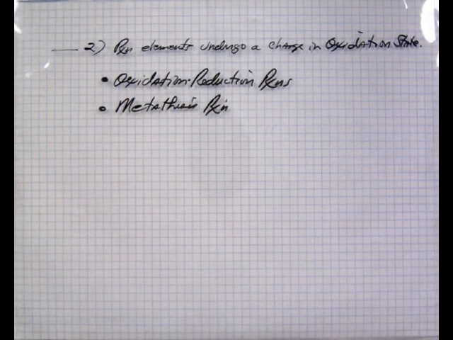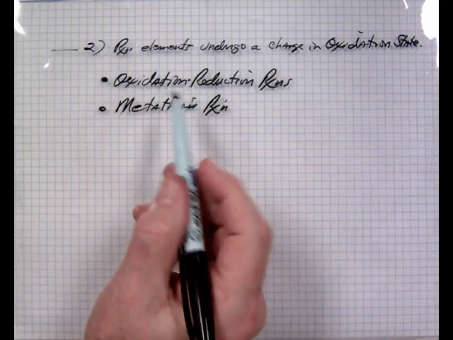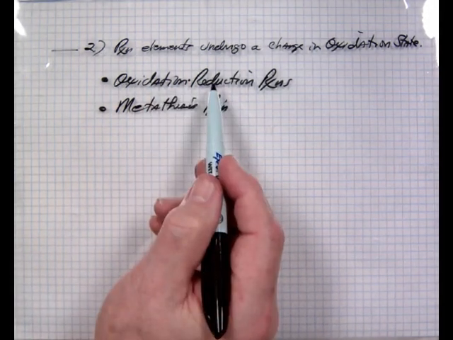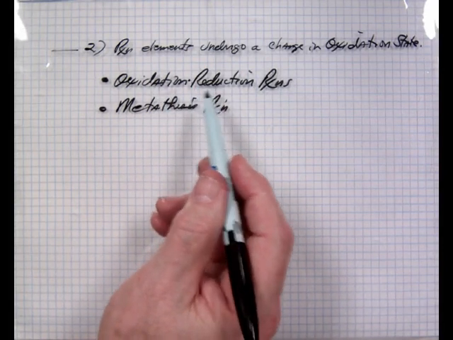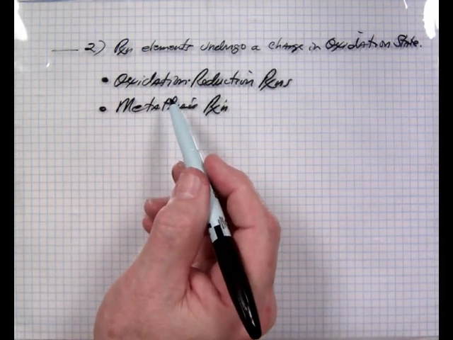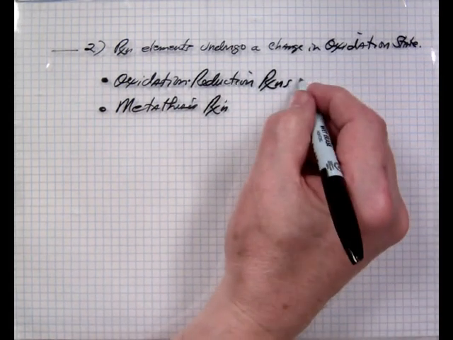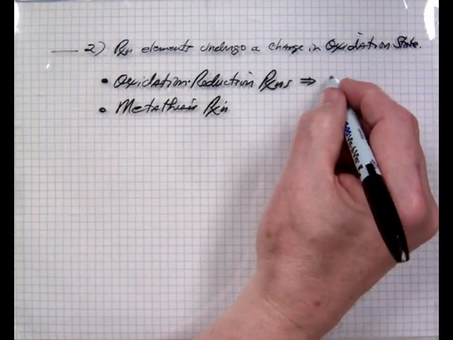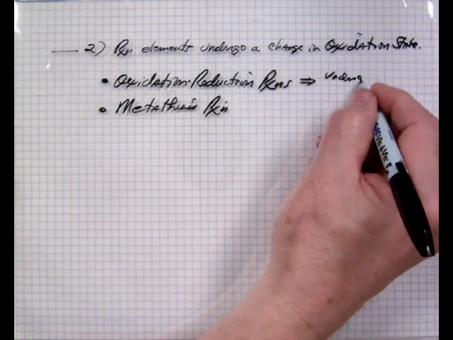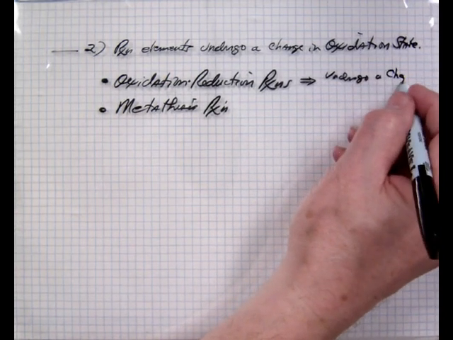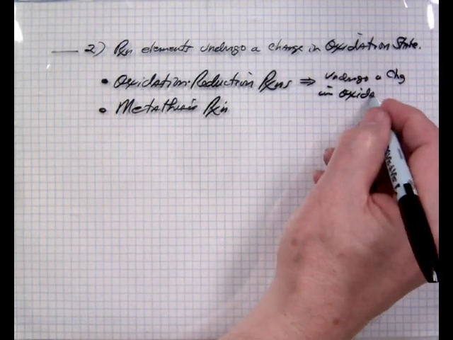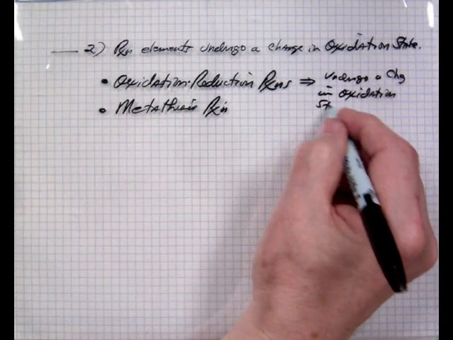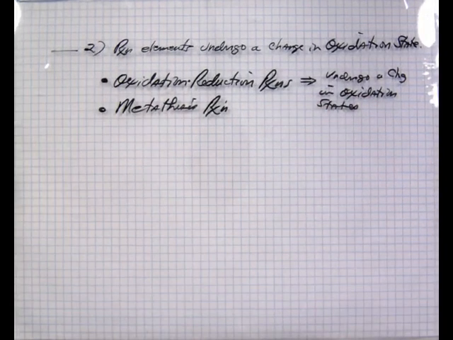In going from reactants to products, if you're dealing with an oxidation reduction process, you will have a change in oxidation state or charge. So oxidation reduction reactions undergo a change in oxidation states. That is the fundamental identity of those reactions.